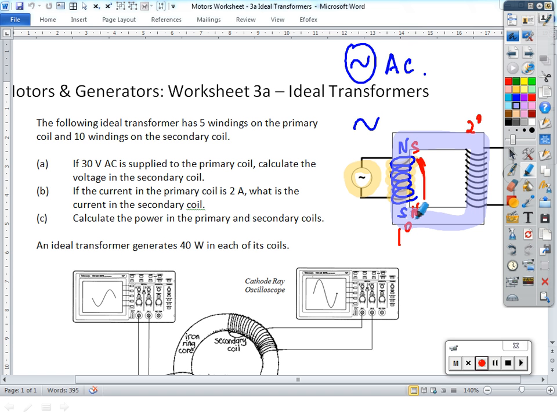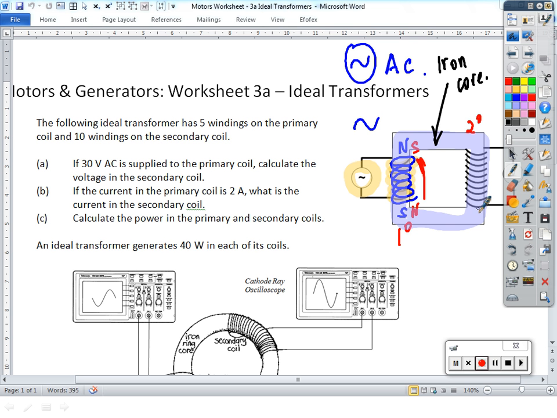What does the soft iron core do? It directs the flux, stops flux leakage, or doesn't stop it but minimises it, just to make it more efficient. So this here is the iron core. This here is the secondary coil.